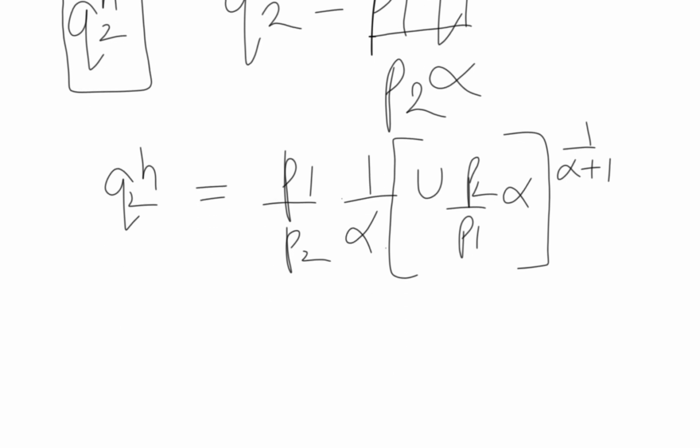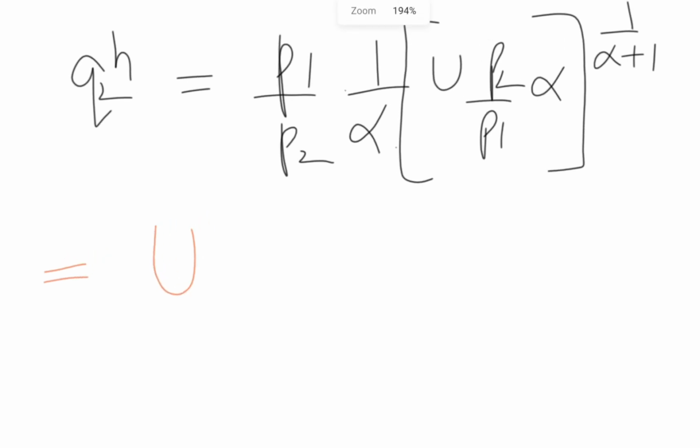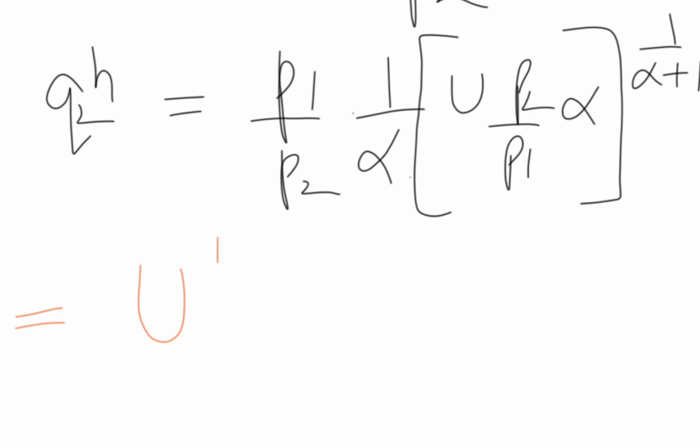We need to refine this further because we have P1 upon P2 here, P1 upon P2 is also here, alpha is here, another alpha is here. So we'll get these terms into one side. Keeping the terms that are common together, U is raised to power 1 upon alpha plus 1. We don't need to touch this.